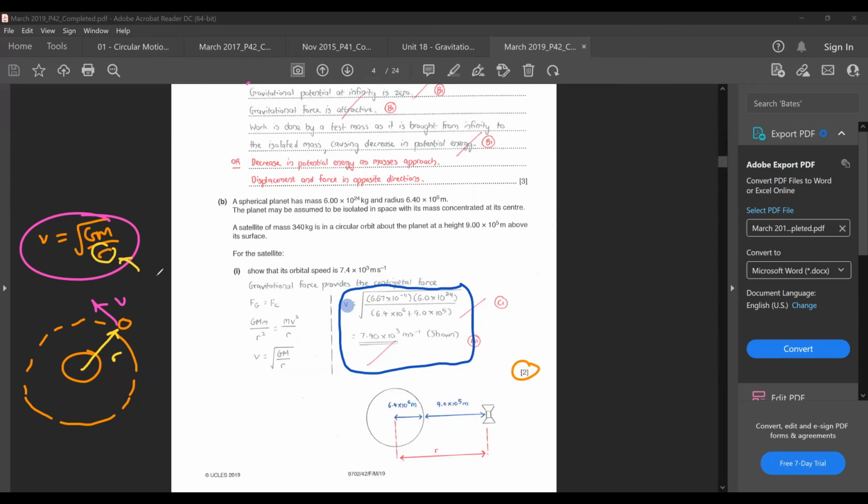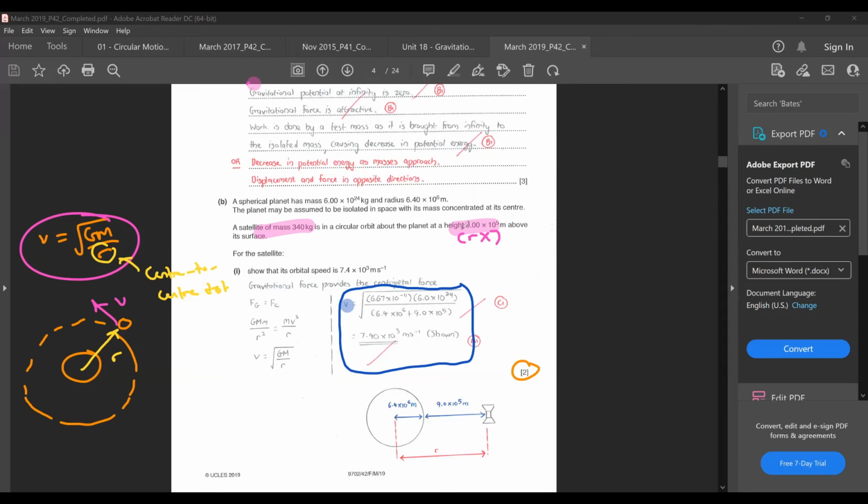It should be the center to center distance. But what is given inside the question is that the satellite of mass 340 kg is in circular orbit at a height of 9 times 10 power 5, and this by itself is not your r.